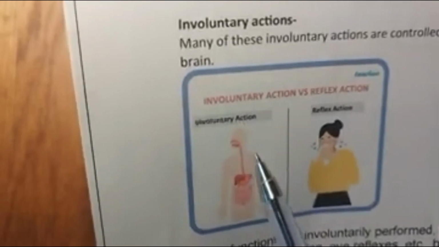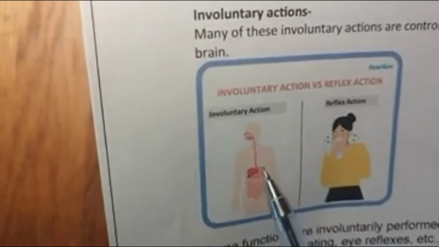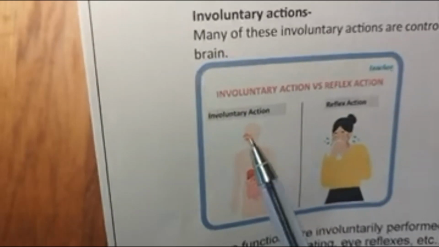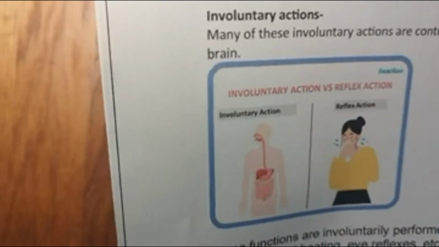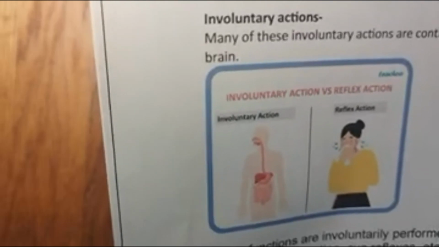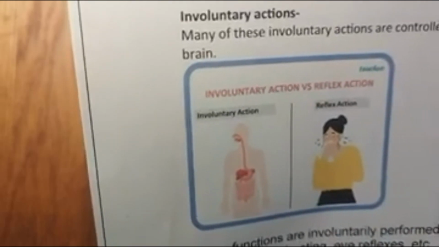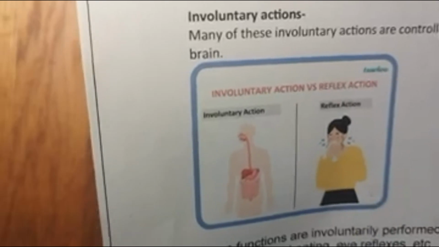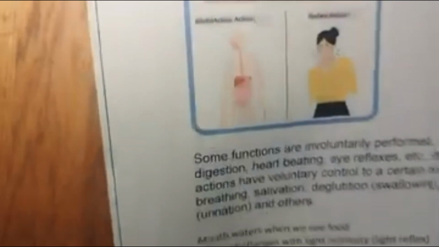The involuntary actions are carried out without any control, without any thinking, but they are ongoing activities for maintenance of body function like breathing, heart beating, digestion, whereas reflex actions are protective like light reflex, sneezing, coughing. So that's a slight difference between involuntary and reflex action.